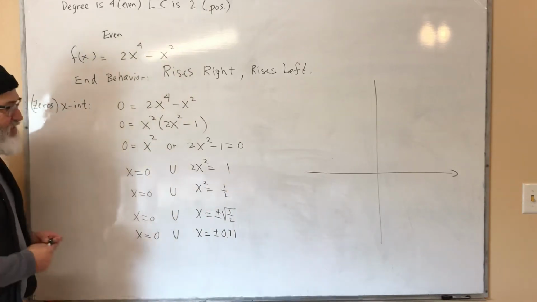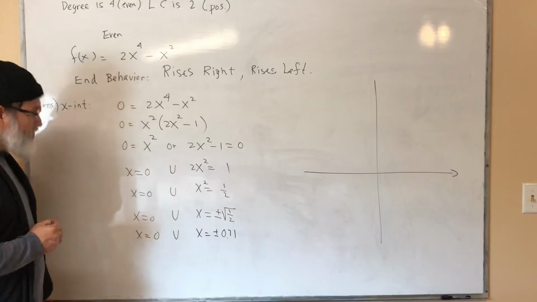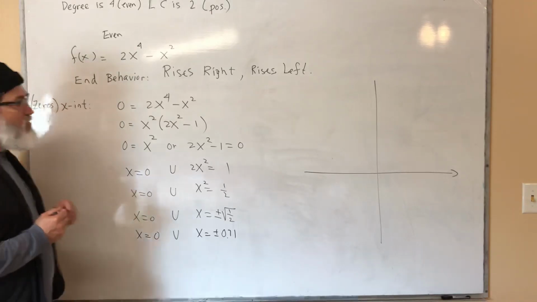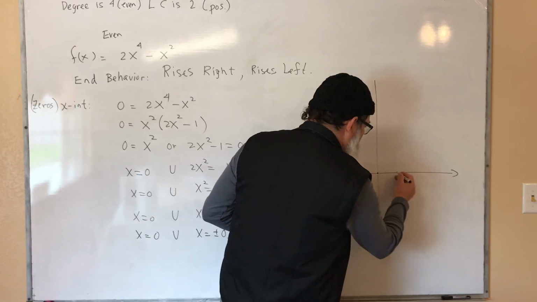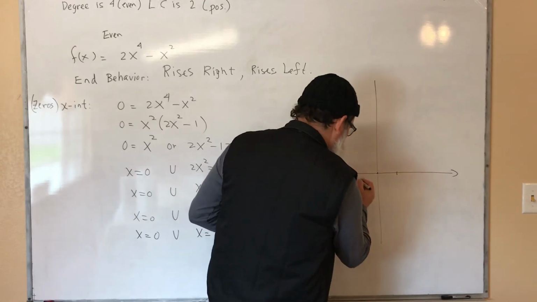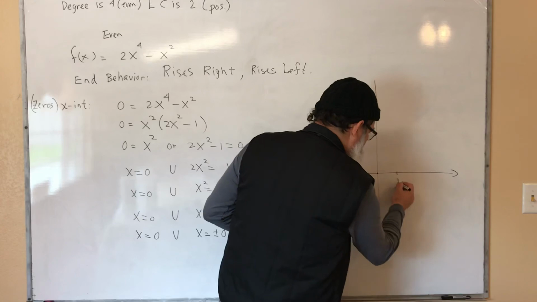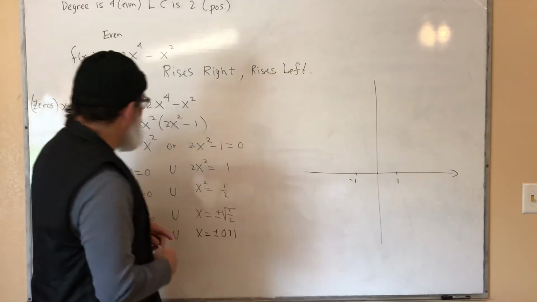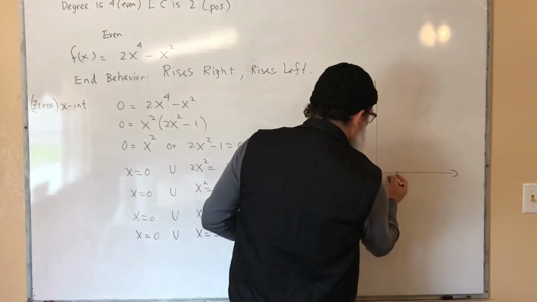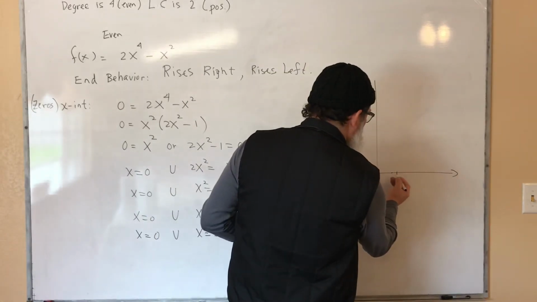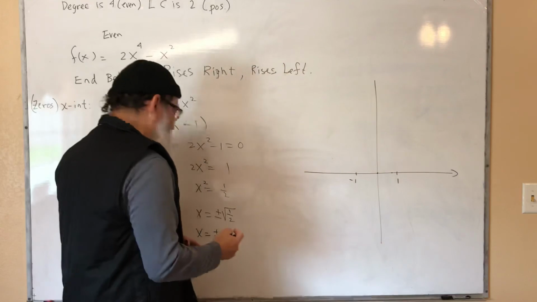Okay, so therefore, watch this. At x equals 0, we get 0. At x equals 0.71, we get 0. At x equals negative 0.71, we get 0.